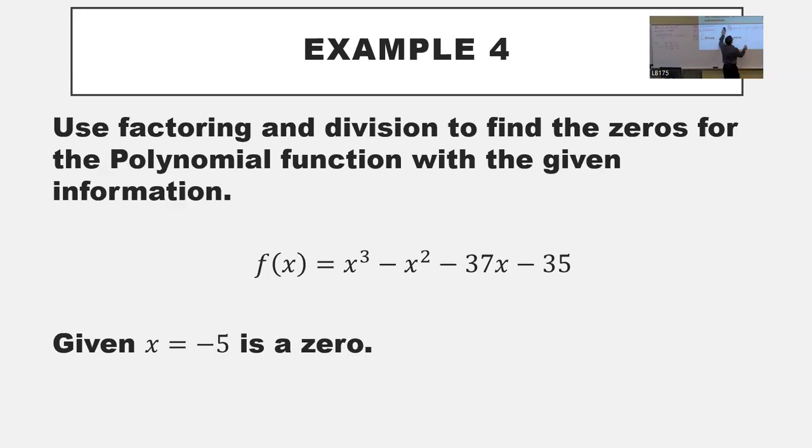I want you to try this one on your own. We have a function which is x to the 3rd minus x squared minus 37x minus 35.